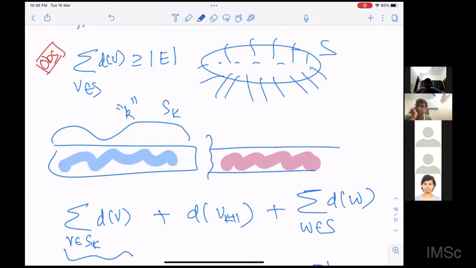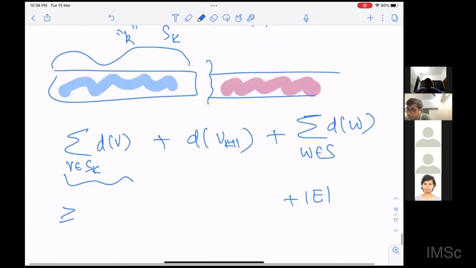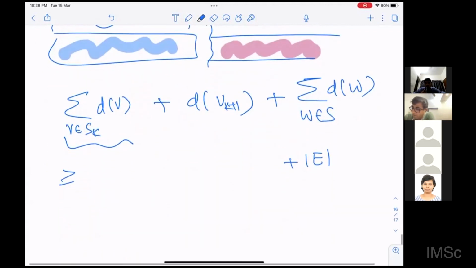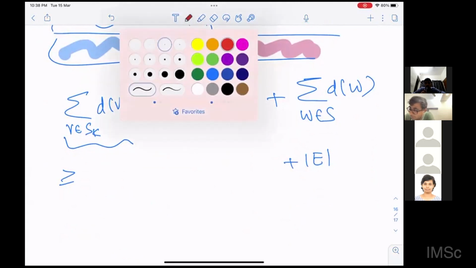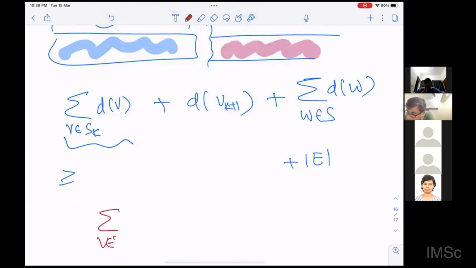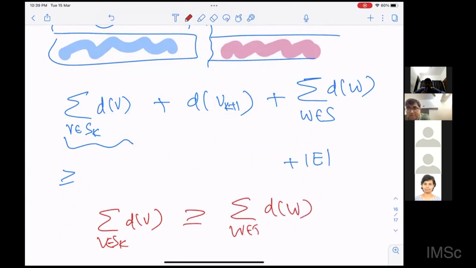Do you agree? I claim, if you can understand this, the sum over V in SK of dV is greater than or equal to the sum over W in S of dW. Is this correct?